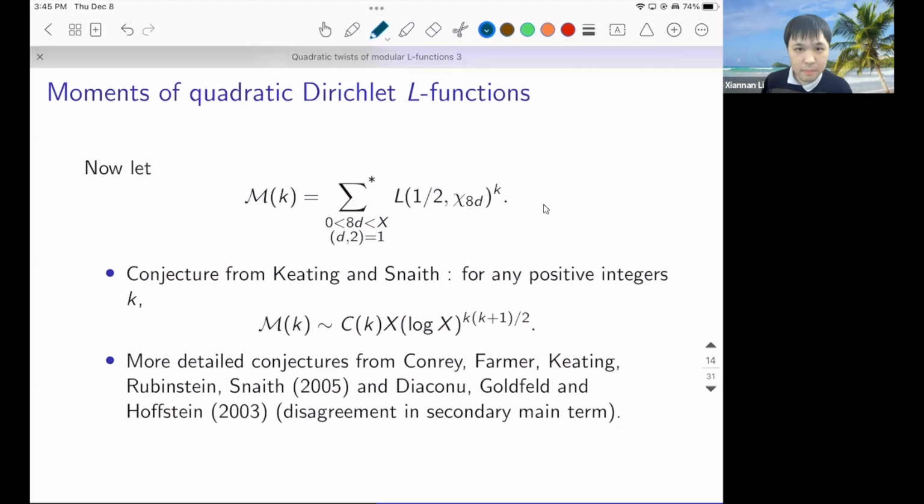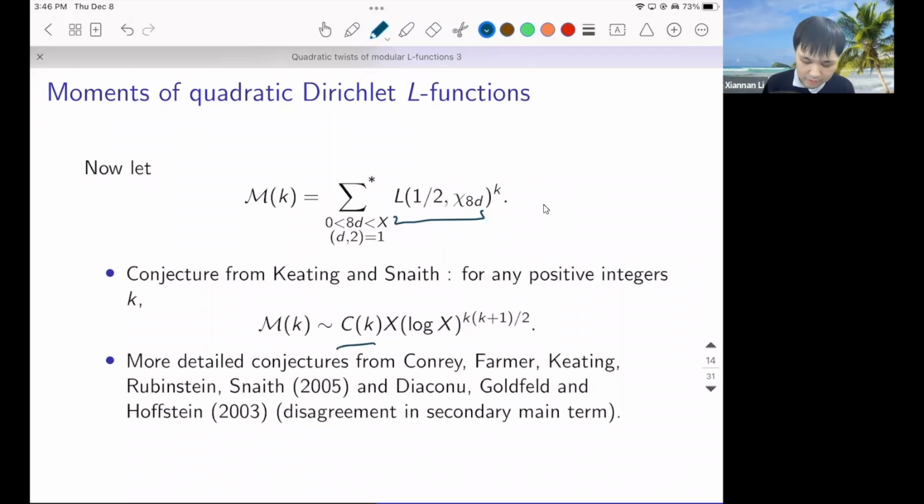The methods here that I'll talk about also apply to moments of quadratic Dirichlet L-functions. So these L(1/2, chi_d) are the values of quadratic Dirichlet L-functions. We raise them to the power k and then sum them over fundamental discriminants. There is a conjecture from Keating and Snaith that these should be asymptotic to some constant depending on k times x times some power of log x.